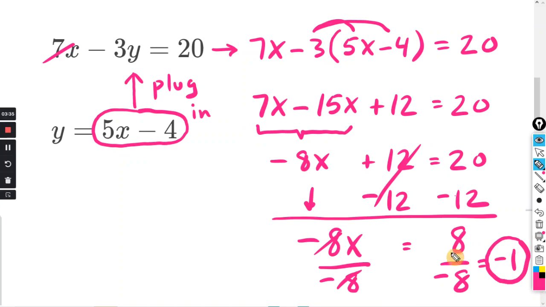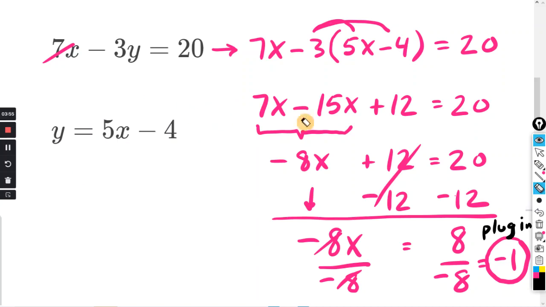Okay, so just like before, you want to take that x equals negative 1 and plug it in. Now you can plug it into either one, but here we have y equals, so it's much easier to plug it in this equation right here. All right, since we got x equals negative 1, we're going to put the negative 1 right in there.